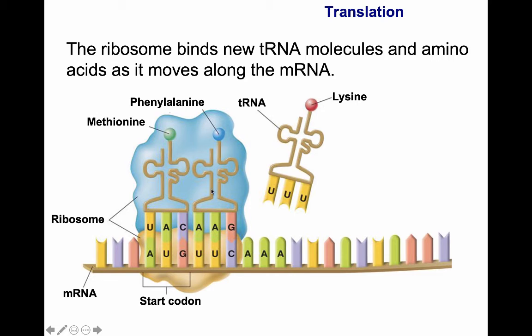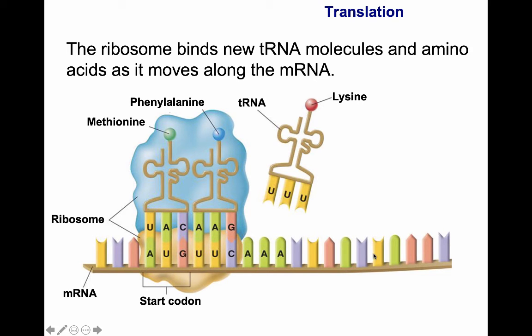And that transfer RNA, the one with AAG as the anticodon, always carries the amino acid phenylalanine. And so everywhere there's UUC on the messenger RNA, phenylalanine will be the amino acid that goes in that spot. Next codon, AAA, the transfer RNA that would be complementary to that would have the anticodon UUU, and that particular transfer RNA always carries the amino acid lysine.